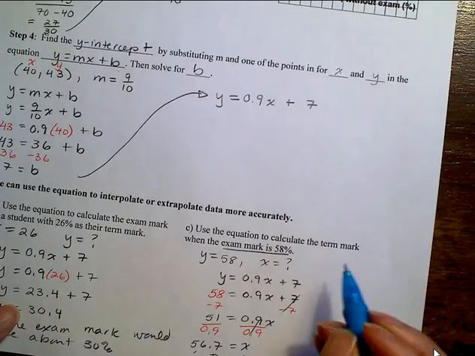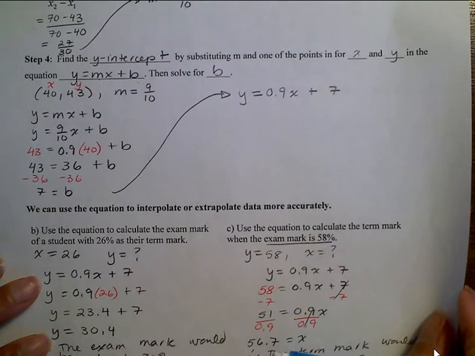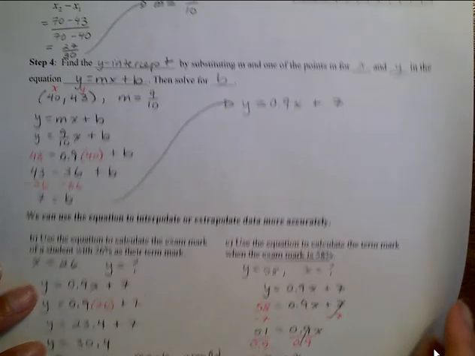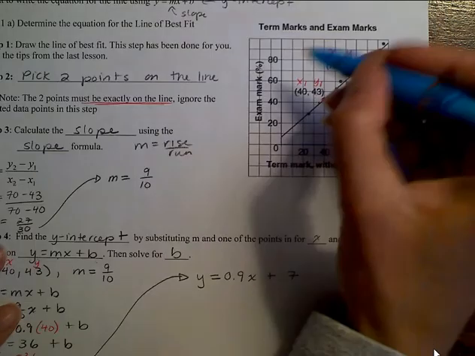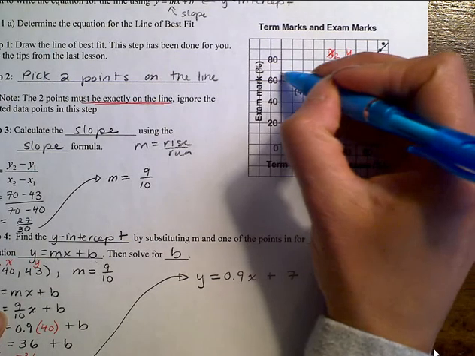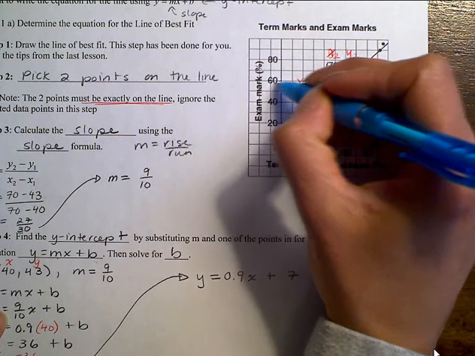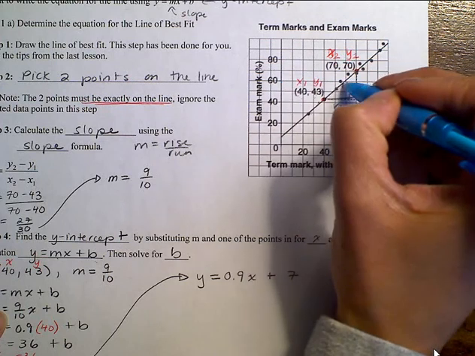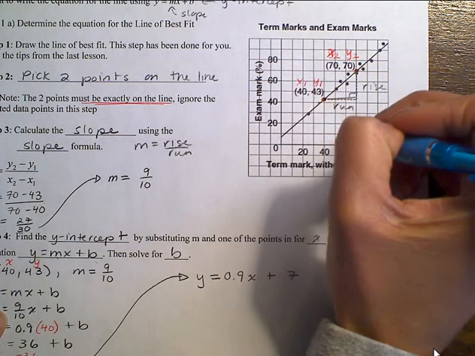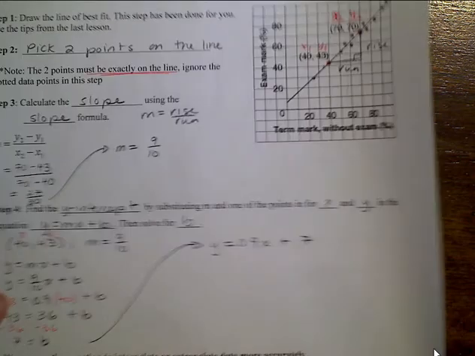If the exam mark is 58%, is 57% a reasonable answer? So now let's look for an exam mark of 58%, so that's going to be close to the 60. Go up to our line of best fit. Whoops, it should be down here. And then read down. Yeah, that also looks reasonable, our answer. So we are doing it correctly, or it appears like we're doing it correctly.